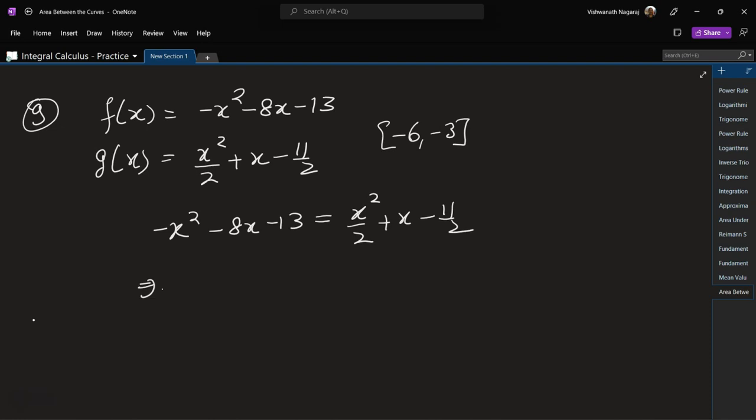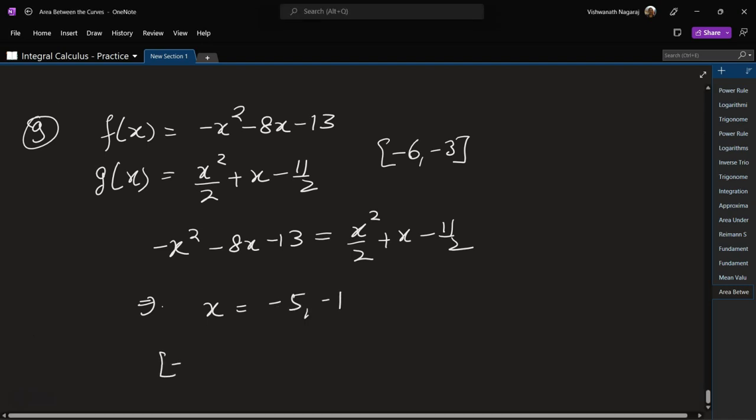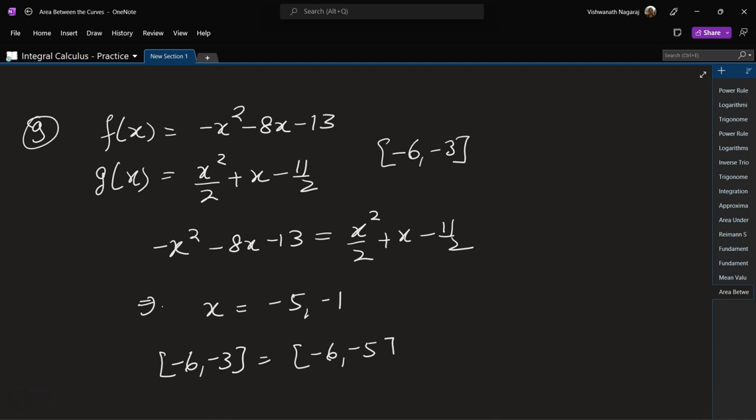And if we evaluate this, what we will get is x is equal to minus 5 and minus 1. So our interval minus 6 to minus 3 gets split into minus 6 to minus 5, and from minus 5 to minus 3. Minus 1 is out of this domain.